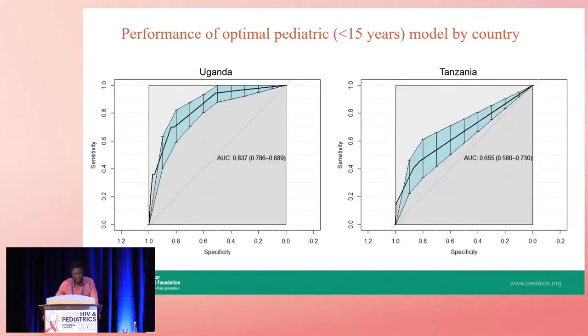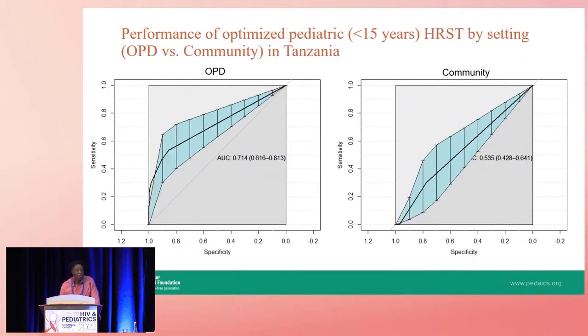These two graphs show the performance of the optimal model between the two countries, with very good performance in Uganda, but poor performance in Tanzania. Again, comparing the performance of the tool between OPD and community settings, we found that the tool performed much better in the OPD setting.